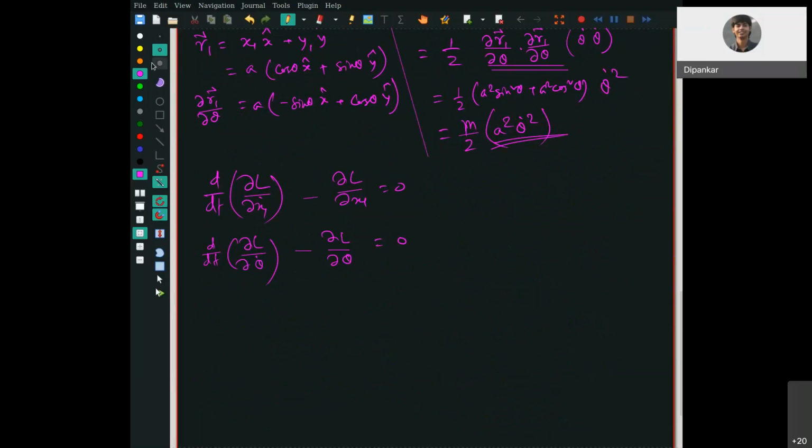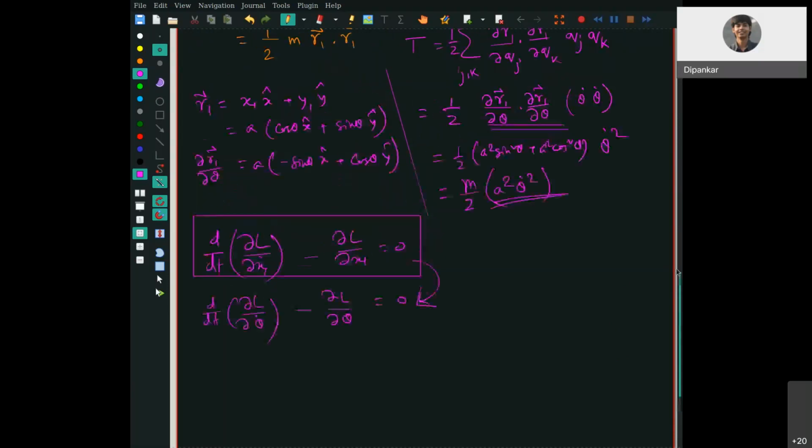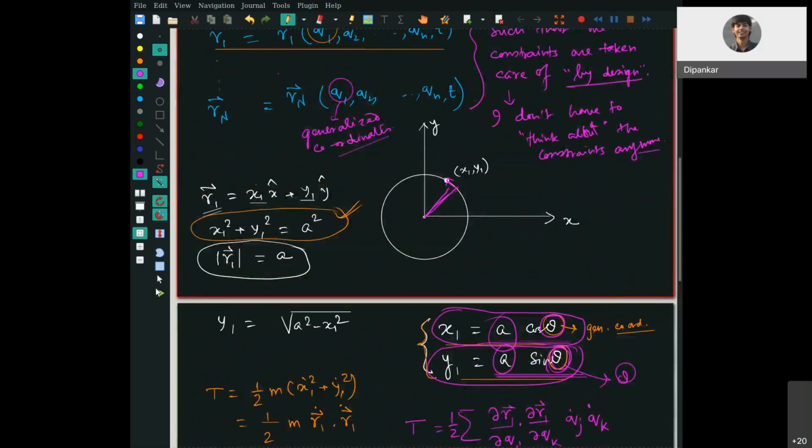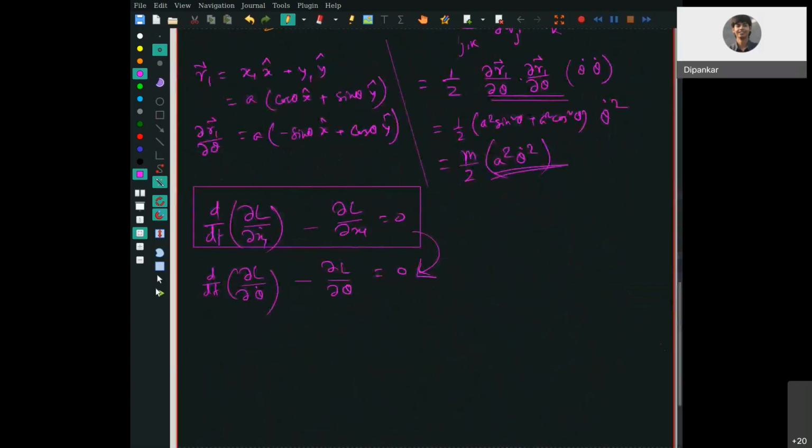If you have found out that your Lagrange's equation holds for the old coordinate system, and you define a new coordinate system like this, defined by this equation, then Lagrange's equation will hold in terms of these new coordinates also, and that was the point of the second homework problem. So hopefully now you can understand what is meant by generalized coordinates and constraints a bit better, for people who did not know it earlier.